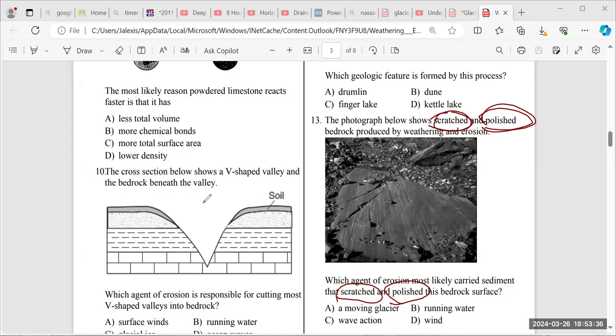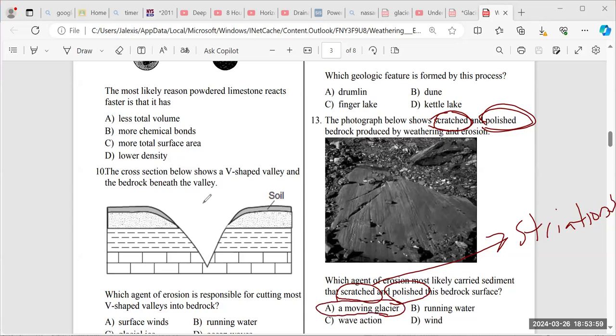There's only one agent of erosion that will leave scratches called striations on bedrock, and the only one that has that is a glacier.